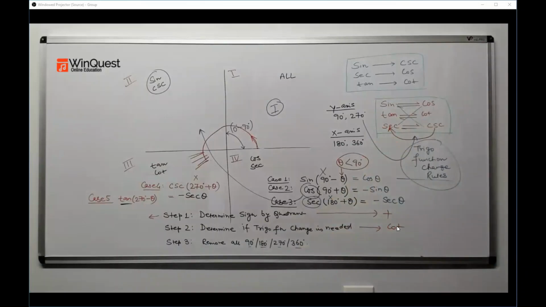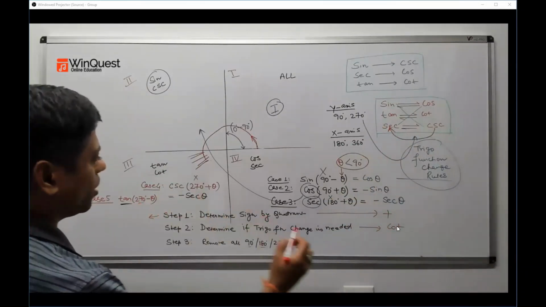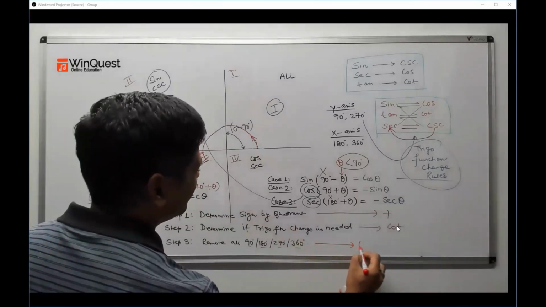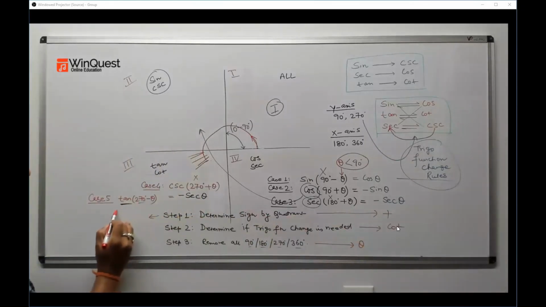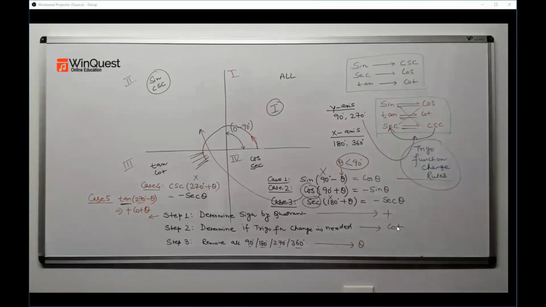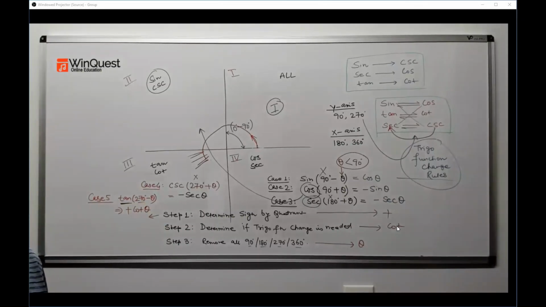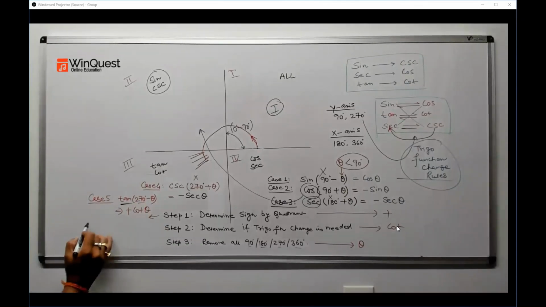Yes. Remove all 90, 180 degree. This 270 degree will be gone. I'll be left with only theta. Final answer is equal to positive cot theta. Is that correct? Yes. Whoever has raised this, is this correct? Yeah. Last case. Whoever wants to bring up.